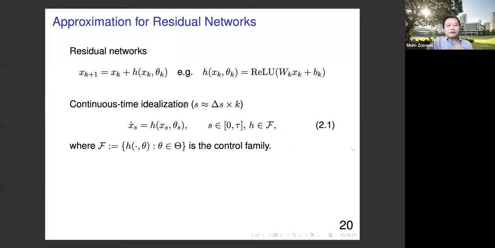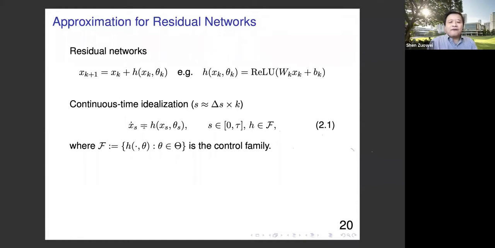The connection from the residual network to this ODE dynamical system is not our innovation. I think many people have done that. For example, Weinan E and his student Chen Xiao, who is my collaborator, did it. Maybe they were among the first group of people to do it.